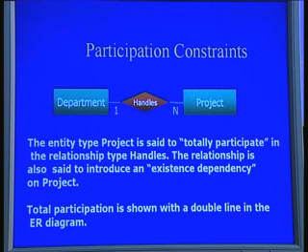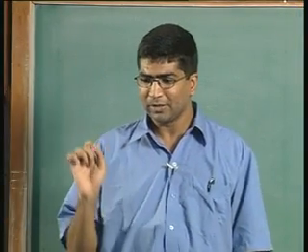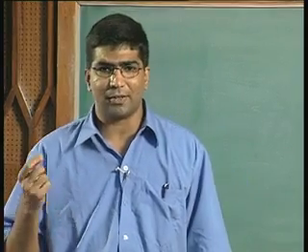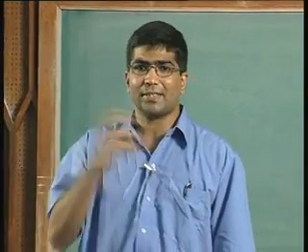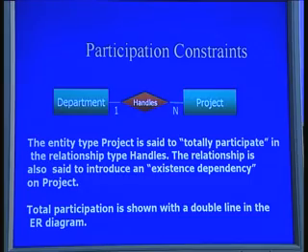Going on further into participation constraints, we say that the entity type, in this case project, is said to totally participate in this relationship, because if it does not participate, it does not exist anymore. So a participation constraint in which an entity type's existence is dependent upon the existence of this relationship type is called total participation.